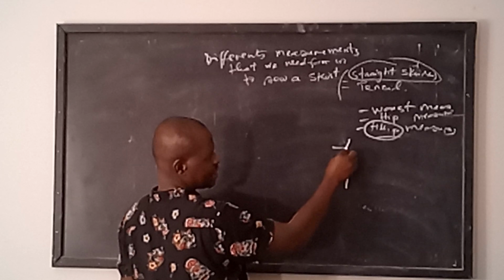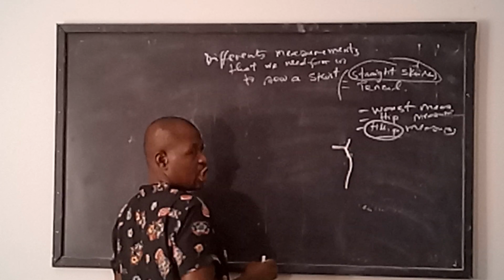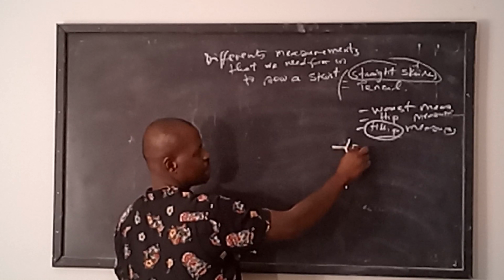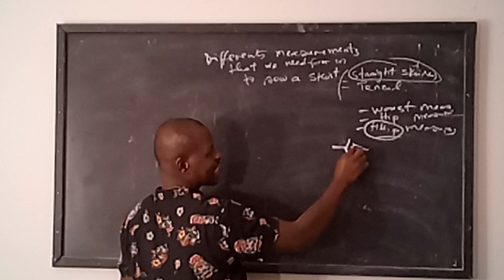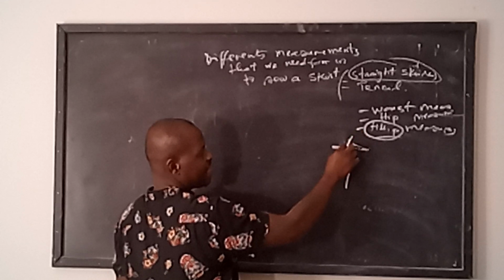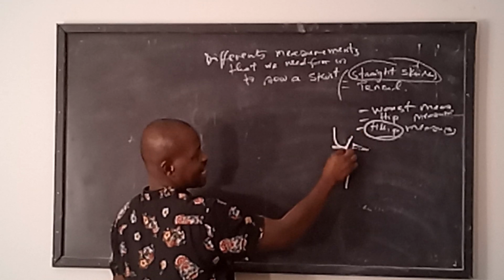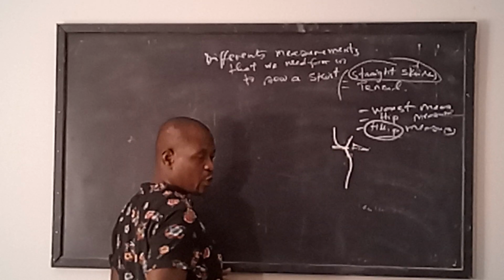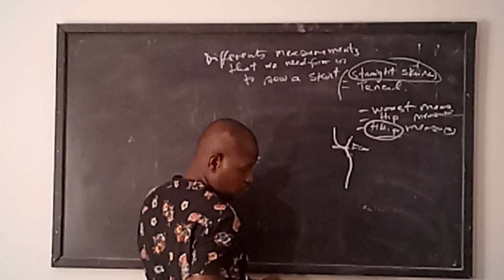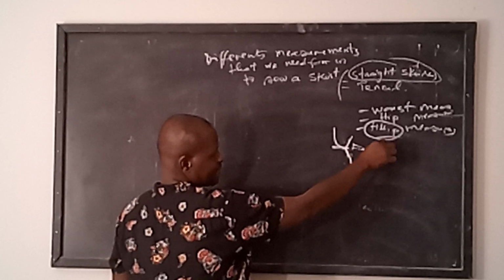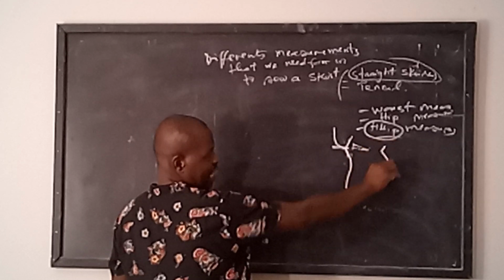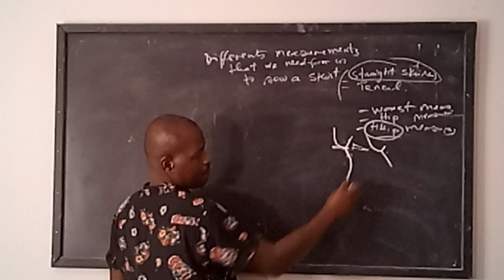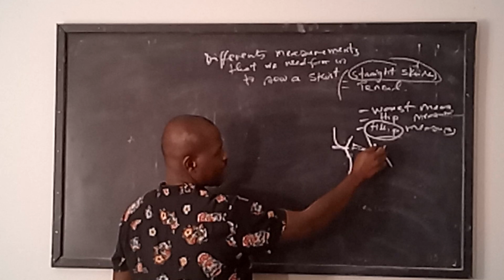You see, the waist is here. I talked last time about how to find the waist: it is after the last rib of a human being. Those are the ribs, and just after that is your waist, because when you bend to the side, you will find somewhere your body is bending.